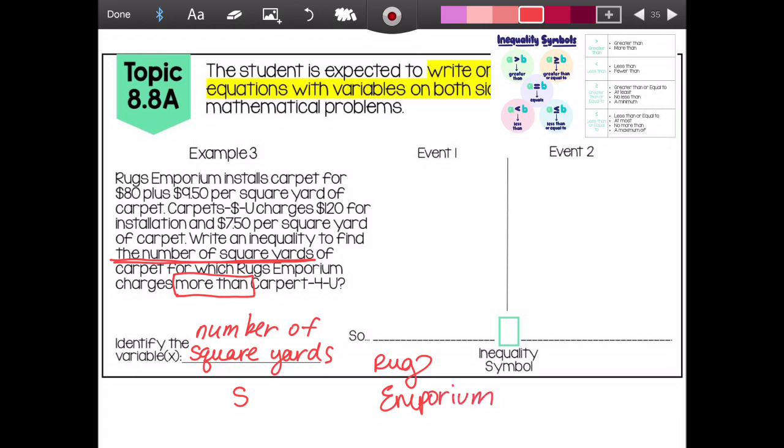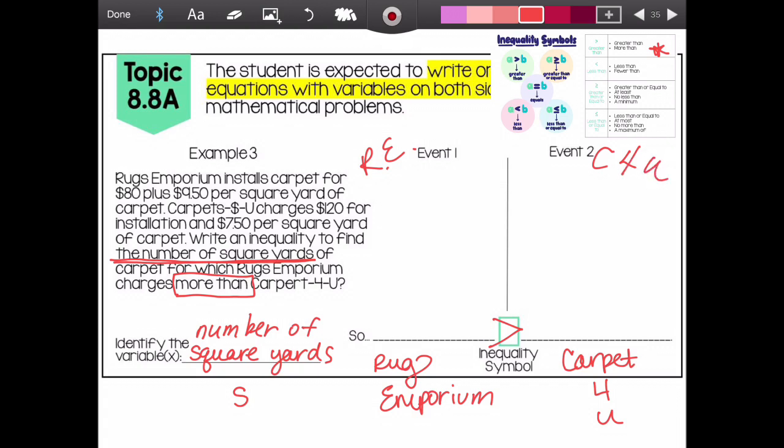Let's look at our symbols. More than is up here with the greater than. So our greater than symbol, then Carpets for You. We're going to put Rug Emporium on this side, I'm going to put RE, and then Carpets for You over here. Okay, so now we've got to go back.